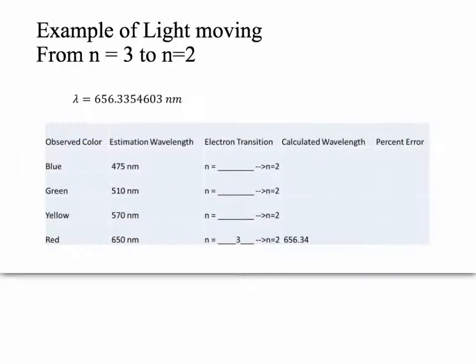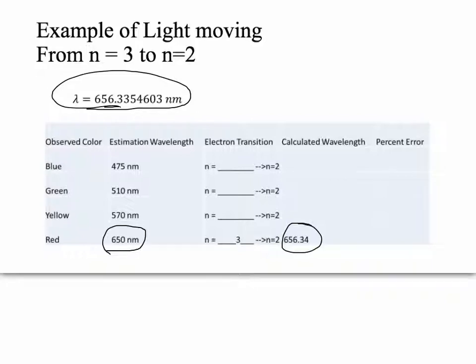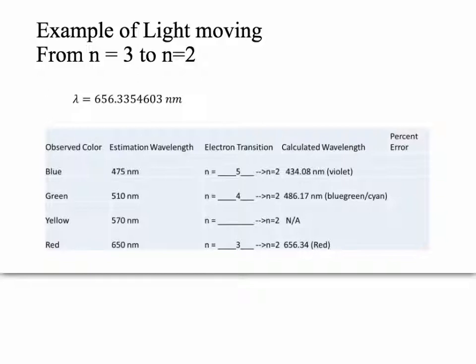So you have each of your numbers in the Balmer series. This is the first number in the Balmer series, and I look down here and I see the closest number I have to 656 is 650. So I think the red light that I was looking at and estimated at 650 was actually 656. And then you continue. The next number I saw was 486.